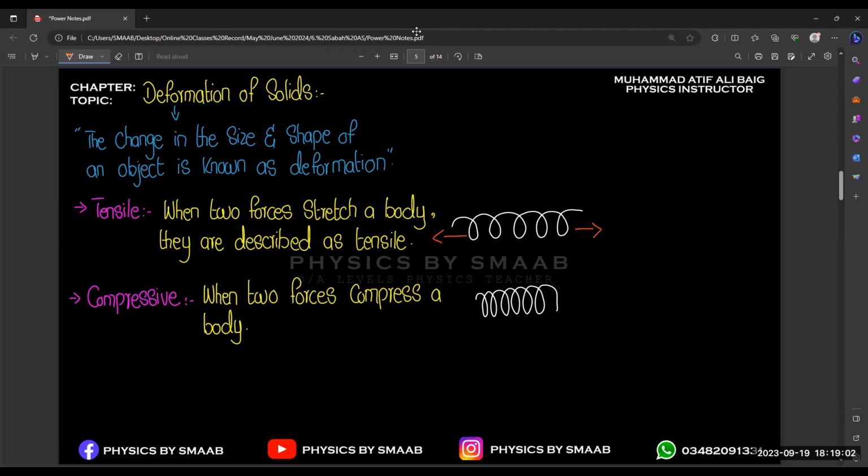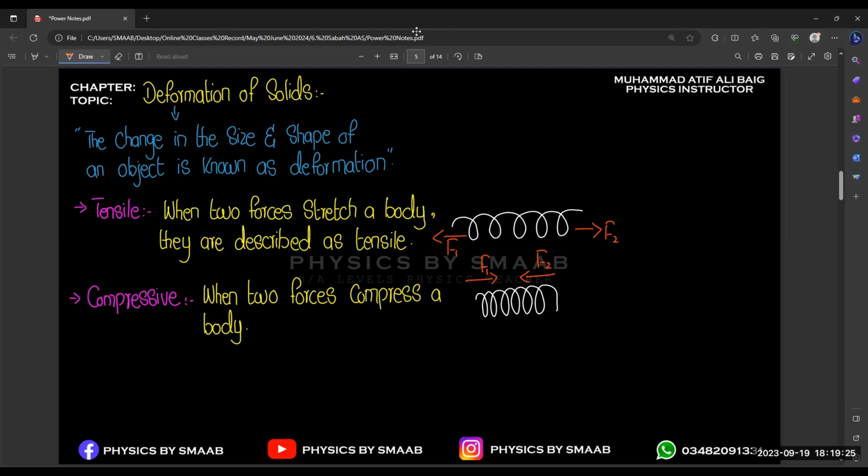And in compression, both forces are again acting in opposite directions, but they are moving towards each other. So this is the concept of tensile and compressive, right?